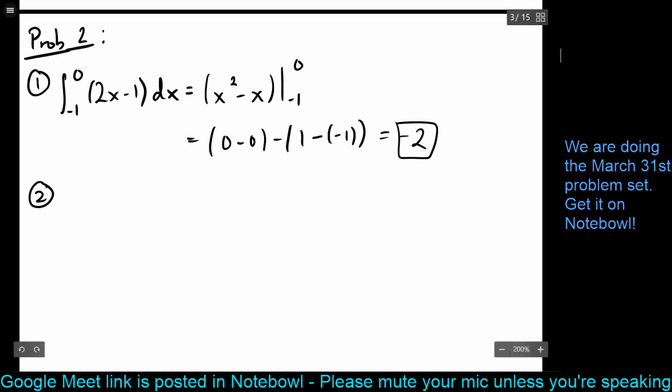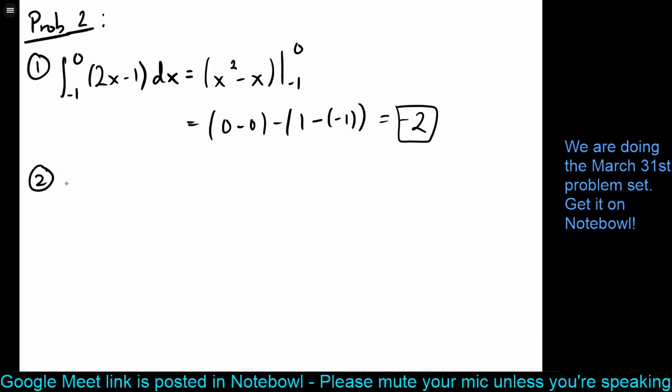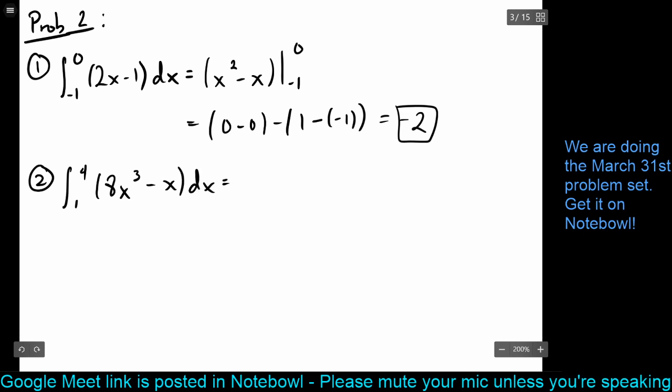Problem 2. I want to integrate from 1 to 4 of 8x cubed minus x. So again, we just need to find an antiderivative for this. That'll be 2x to the 4th minus 1/2 x squared from 1 to 4.